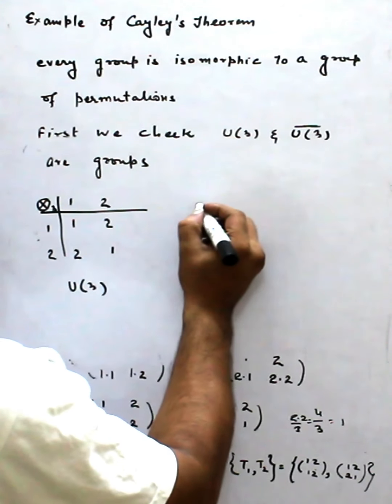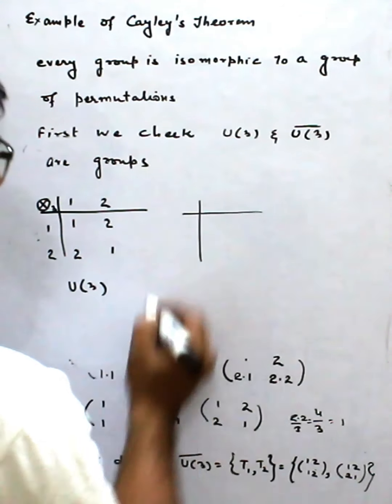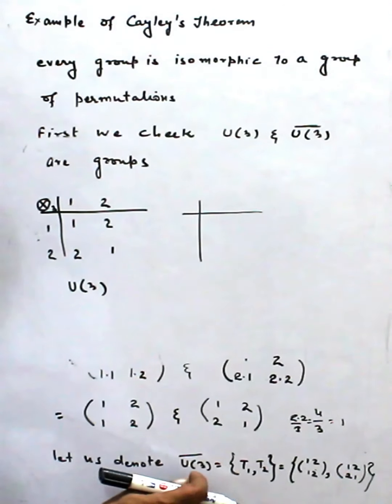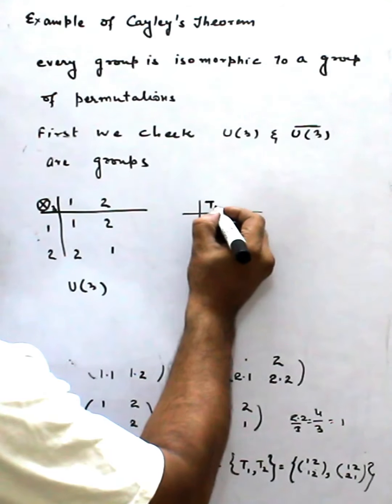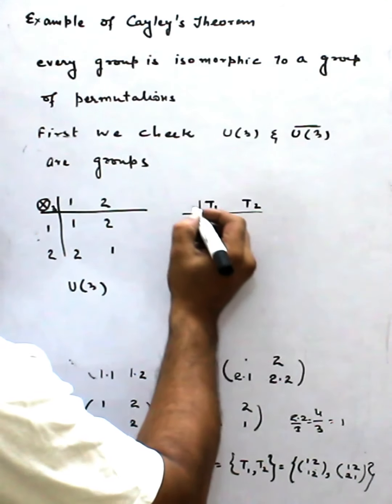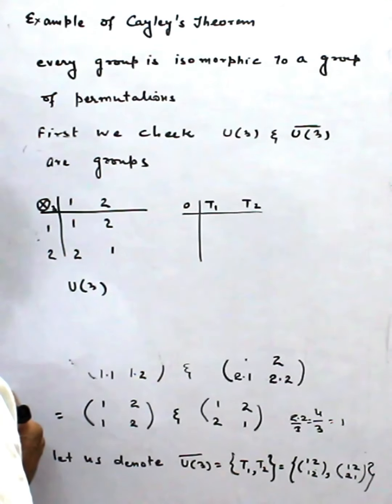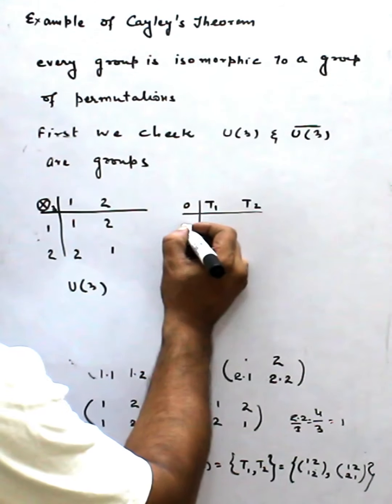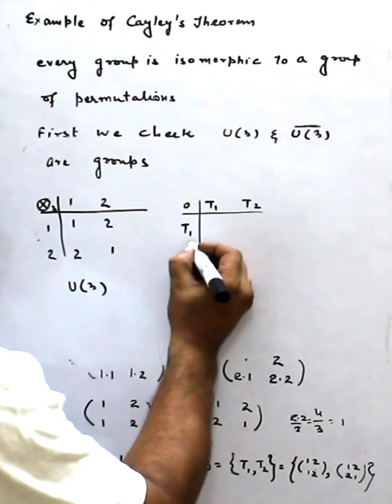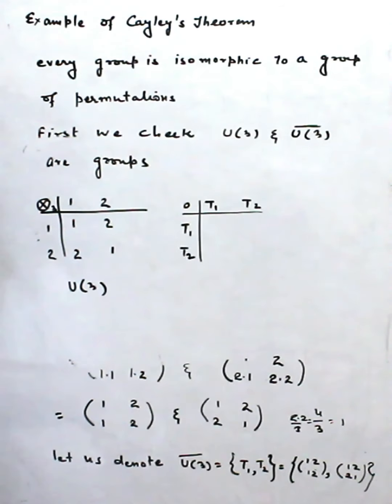And now we check this U3 bar. So here the elements are T1, T2, and the operation is composition. Here T1, T2.